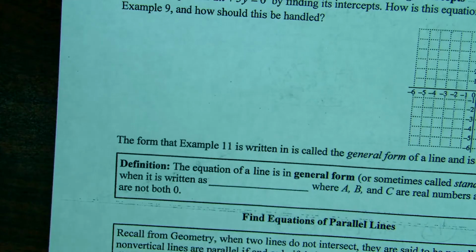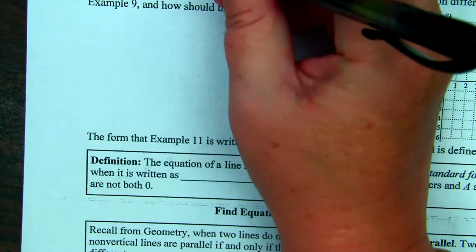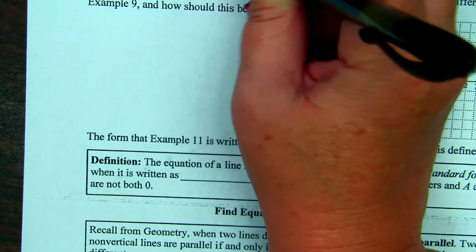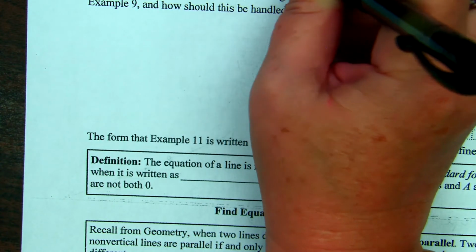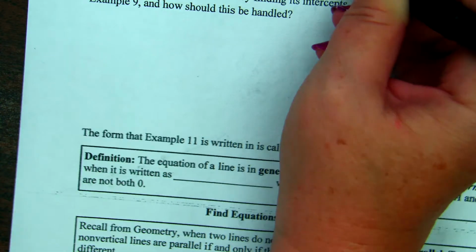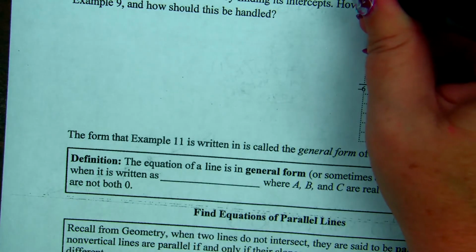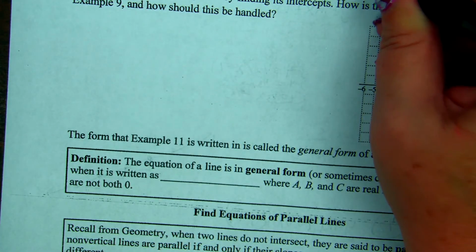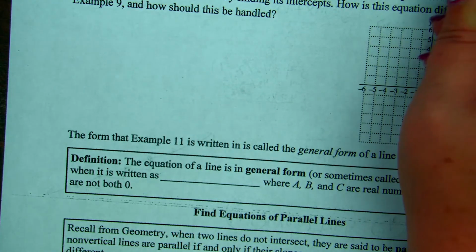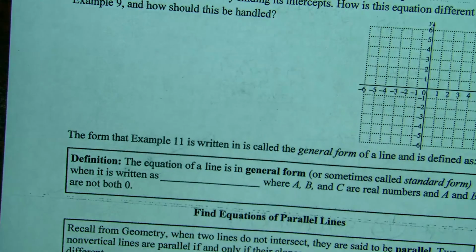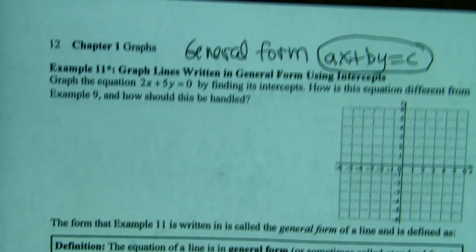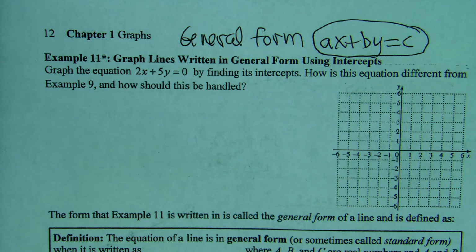So general form, they're going to give it to us in a minute, is ax plus by equals c, where a and b and c are integers, there's no fractions, and A is positive, then it's in general form.